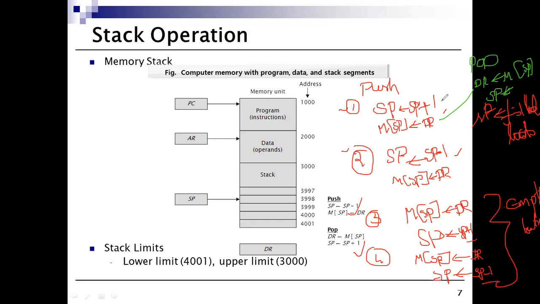Since here it is incremented in push, here it should be decremented because we have removed one element. Similarly, the pop operation in this kind of architecture should be DR equals memory of SP, and your SP will be incremented because here it is decremented in push. So during pop, it will be incremented.